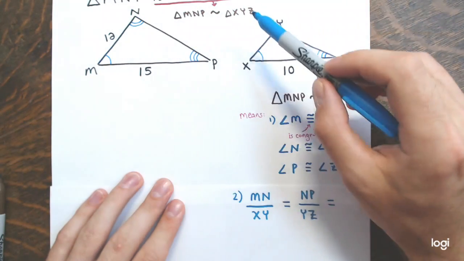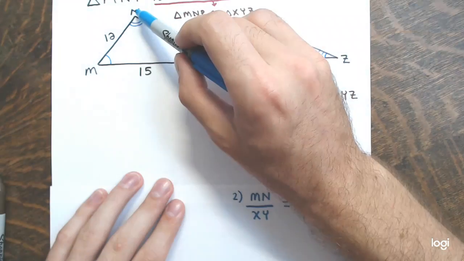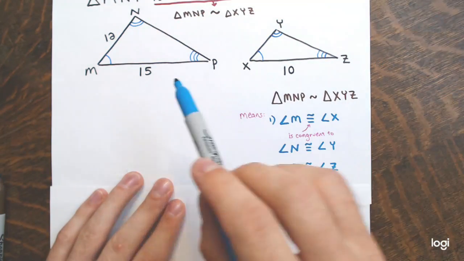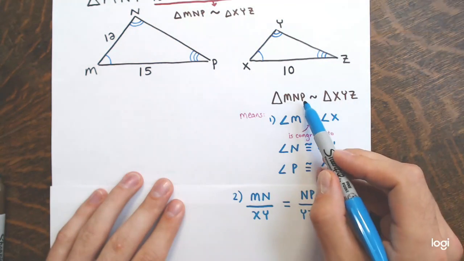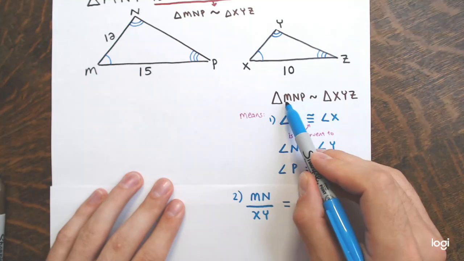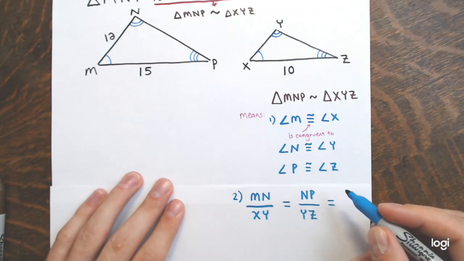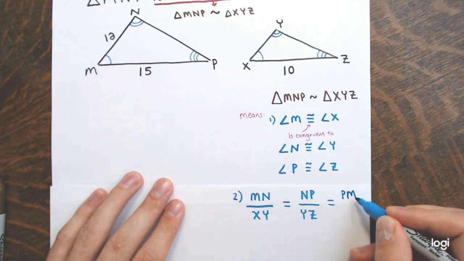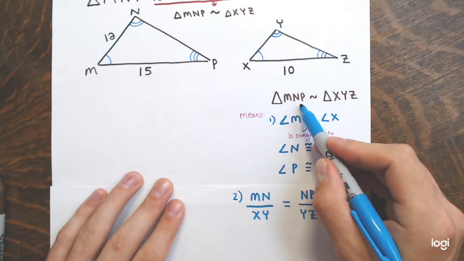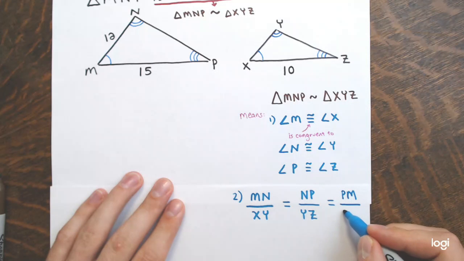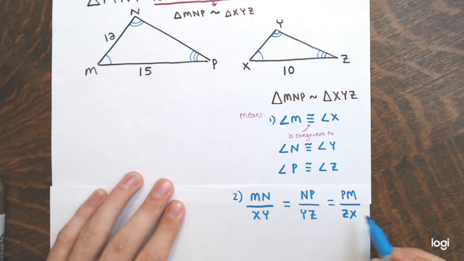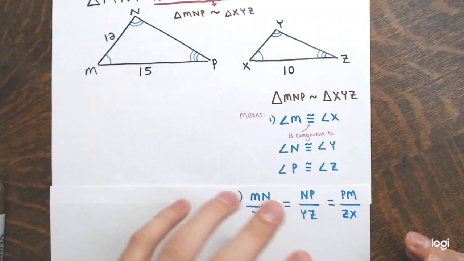So MN over XY is equal to NP over YZ, and that'll also be equal to, now you could say, if I go third to first, if I kept going here, I went M to N, then N to P, then P to M, third to first, so I'll do the same thing here, Z to X. Those are all the sides, right?